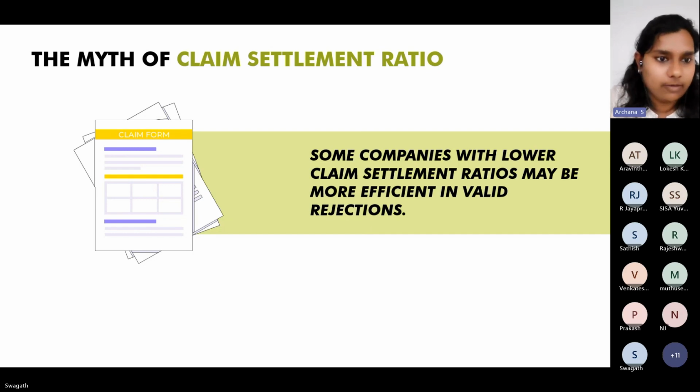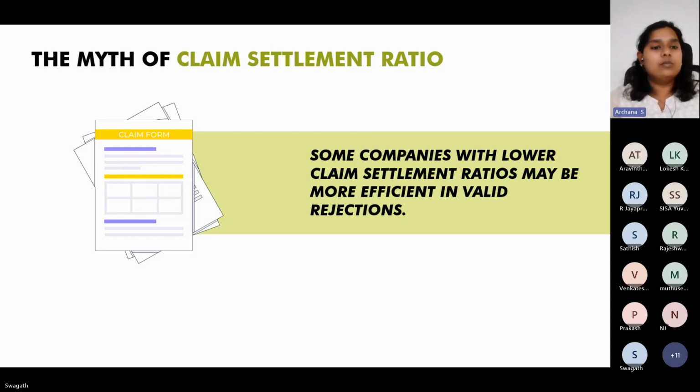So it's doing its job, right? When they reject false claims, there is a possibility of you getting the right claim. Even if you ask me personally, I'll definitely not go for a policy just because it has a higher claim settlement ratio.